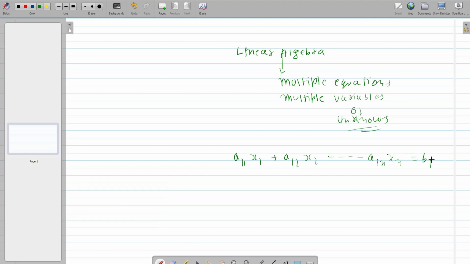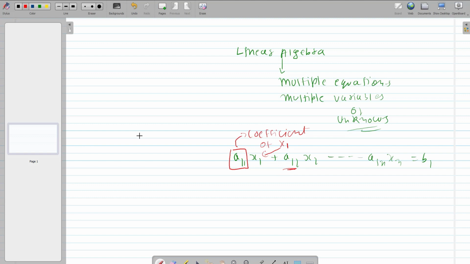So this is one equation. In this linear equation, a11 is the coefficient of x1, and similarly a12 is the coefficient of x2. So these are coefficients.